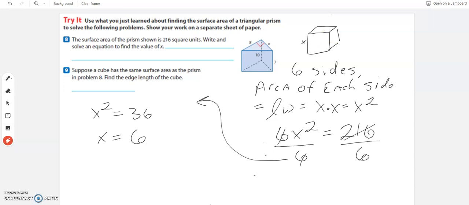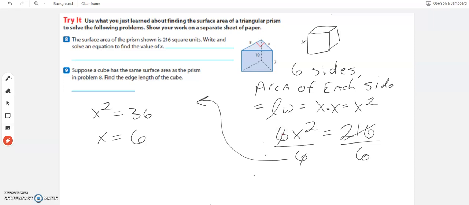And the area of each side is the length times width. The length is x, the width is x. So x times x is x squared. There's 6 of them, they're all the same. So it's going to be 6x squared equals 216 square units.